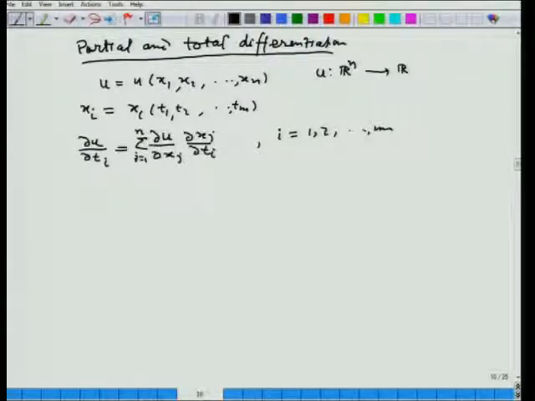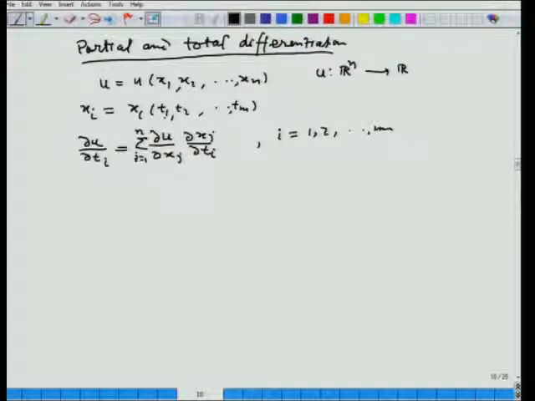So these are the partial derivatives. Here u is a function of several variables x1, x2, xn, and these xi's in turn are functions of some m variables t1, t2, tm. Then the partial derivative of u with respect to these variables ti will be given by this kind of chain rule: summation j equal to 1 to n of del u over del xj times del xj over del ti.